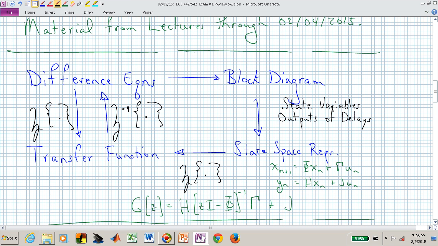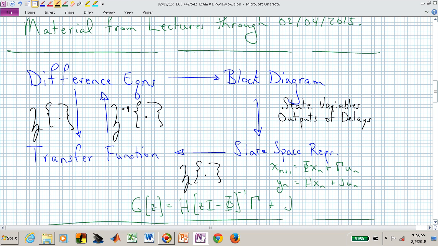Maybe it is weird what I'm doing here, but I hope you understand what I'm trying to say. The subscript here is not the component in the state vector, it's the time index. Maybe I shouldn't have done that. I'm getting a little sloppy, but I hope it's clear what I mean by that.